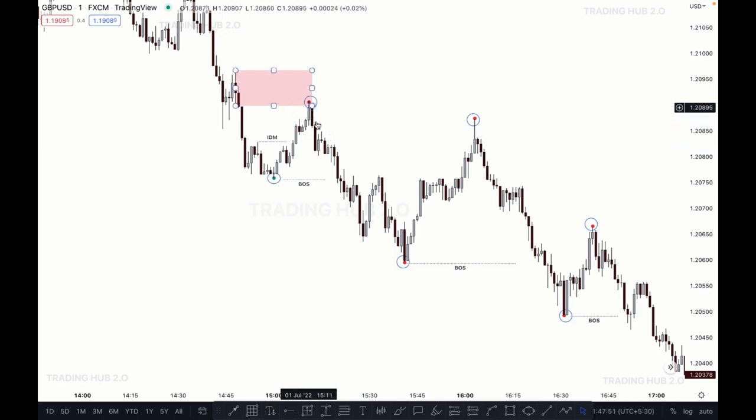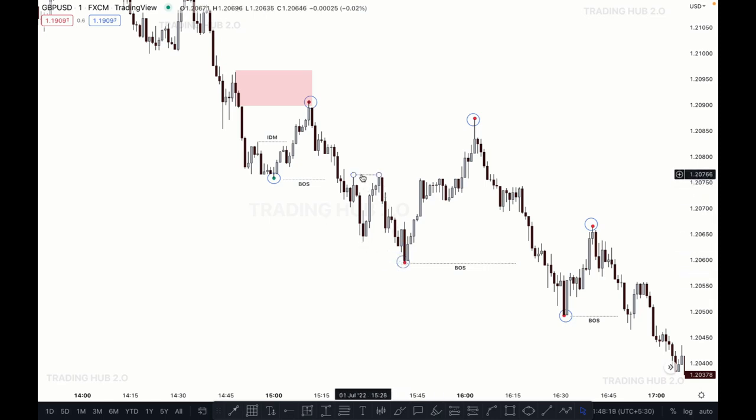The same thing happens here. The market breaks the structure and pushes downside, and after breaking this structure, where is our recent high? It is here, and now you can see the market did not break this high. So where is our inducement? In this case, the market did not break this structure, okay, and then the market created a new low here.